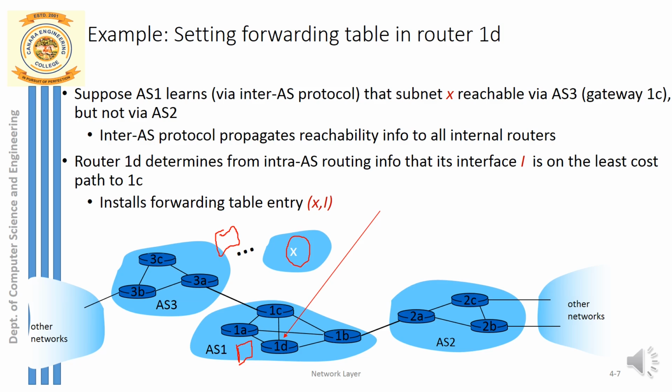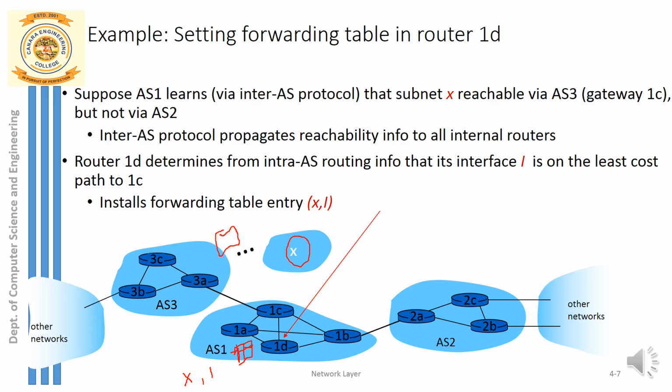So once 1A comes to know about the shortest path to reach this subnet X, that entry is made in its forwarding table. What information will it maintain in its forwarding table? It is the subnet, which subnet is reachable via which interface. So here X, L. L indicates the interface. What is the meaning of interface here?